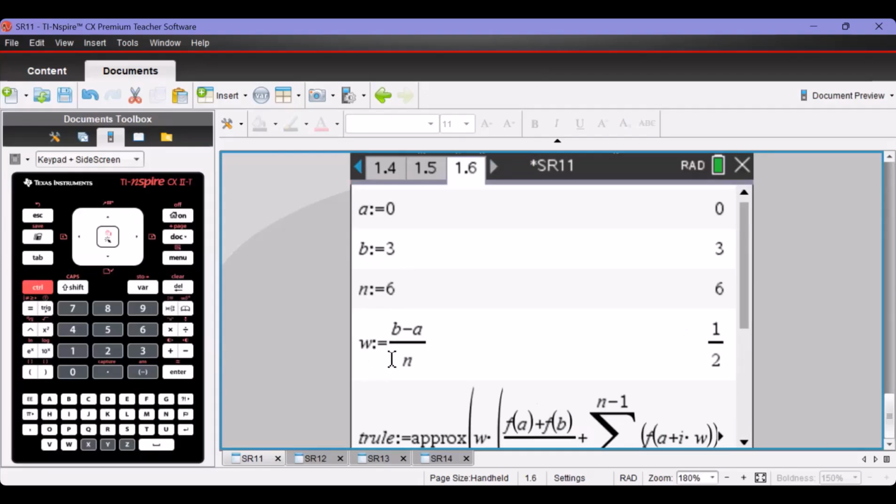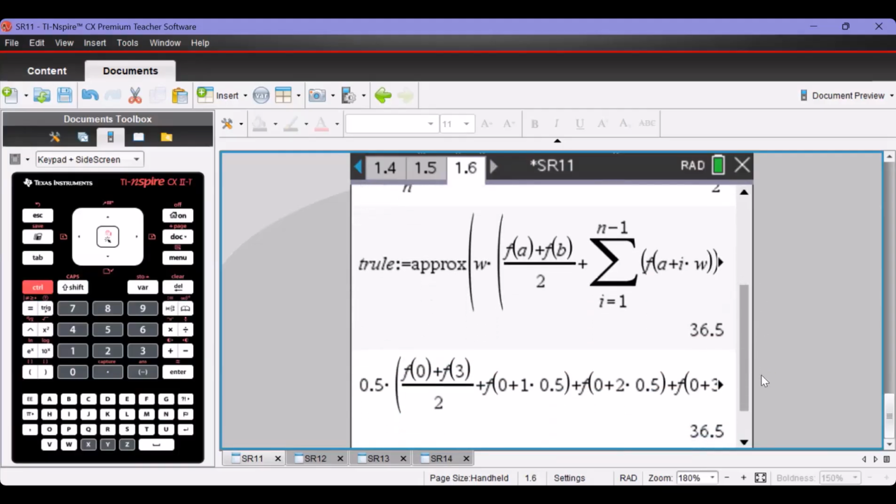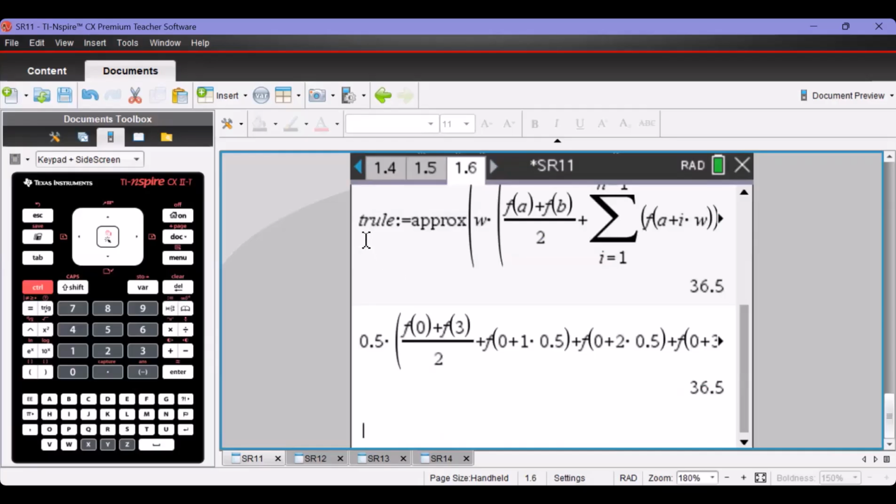So we've got A is 0, B is 3, N is 6, W is a half. And we can also assign this right-hand side here as a function. And so I've called it T rule, which is short for trapezoidal rule. And I've assigned it again by using the control symbols template. It's the colon equals.